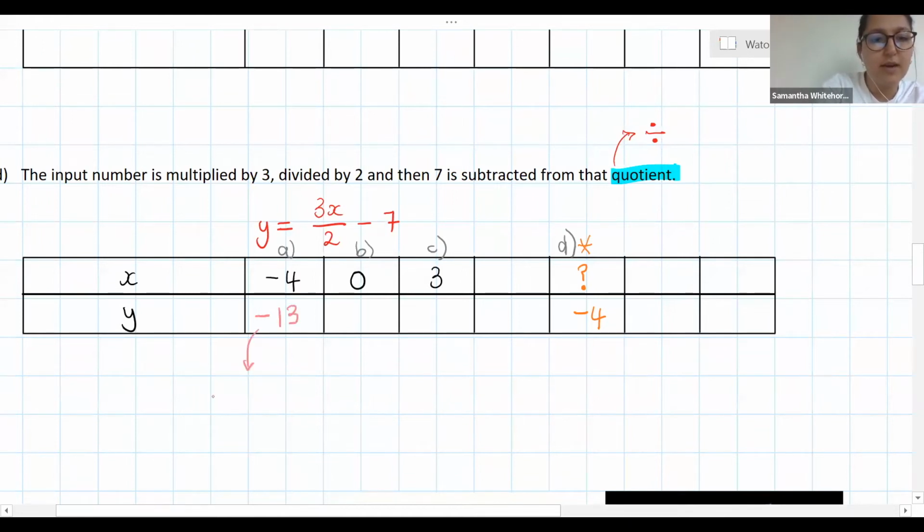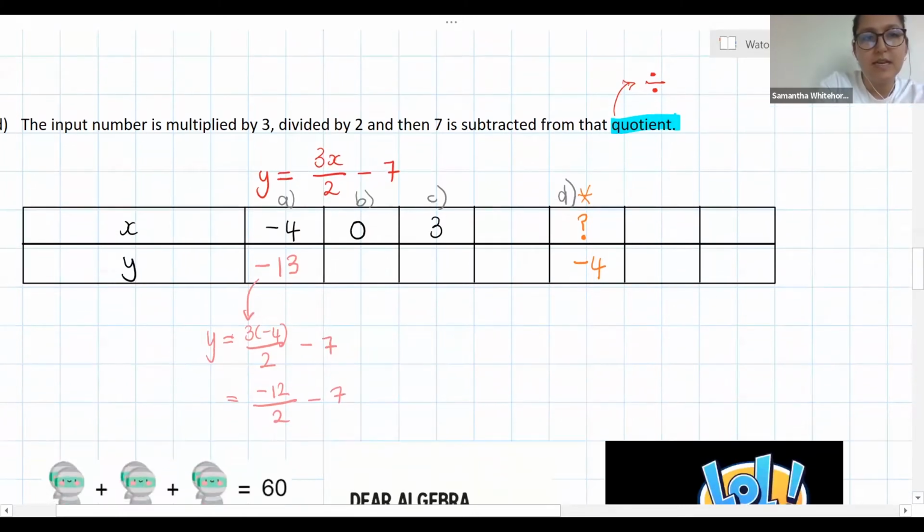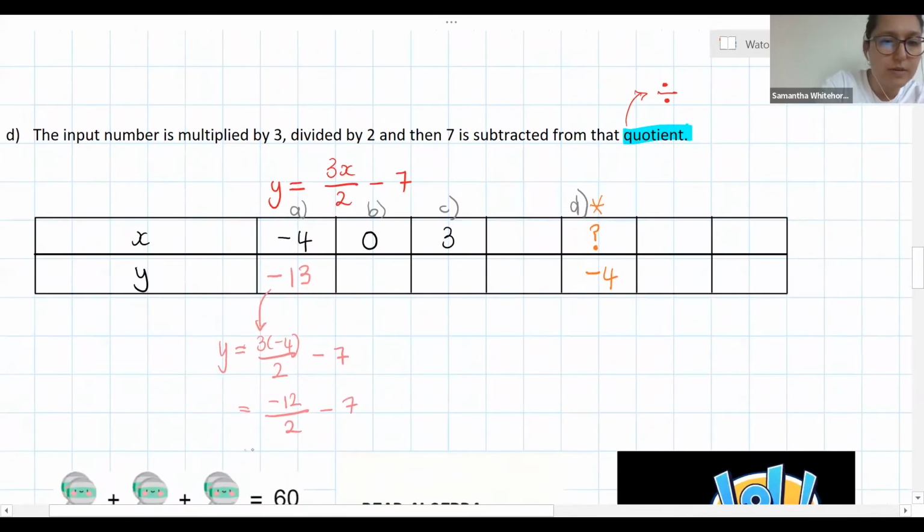Reason being, when I substitute in my -4, I've got 3 times -4 in my numerator, divided by 2, and then -7. 3 times -4 we know gives us -12, divided by 2 minus 7. -12 divided by 2 is -6. And -6 minus 7 gives us exactly -13. Well done.